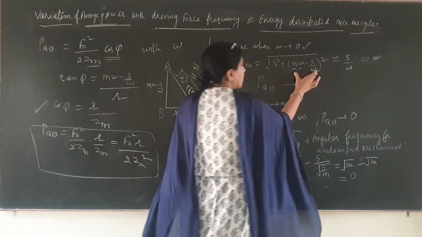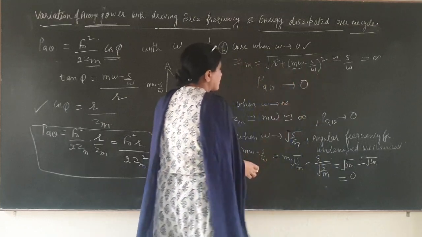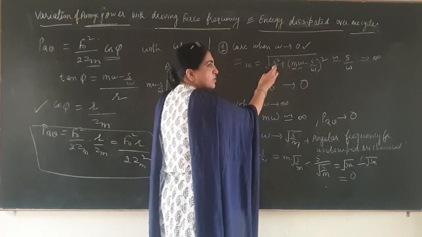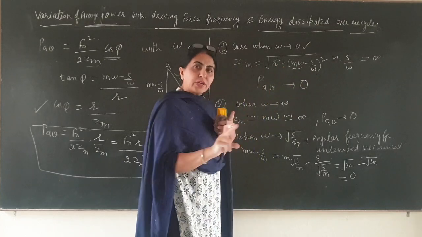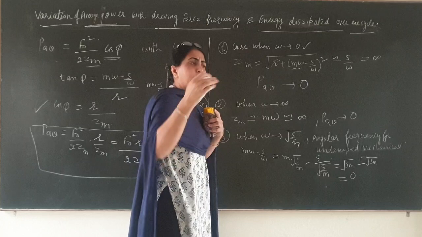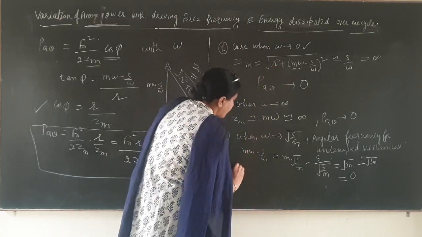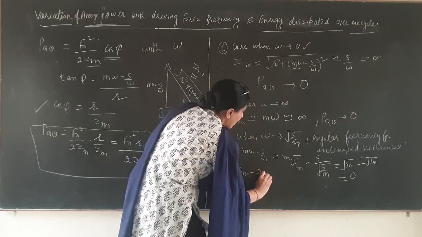So this term will be equal to 0 now. This term is very small but not exactly equal to 0, as I have also told you in the previous lecture. So Zm approaches to now R.